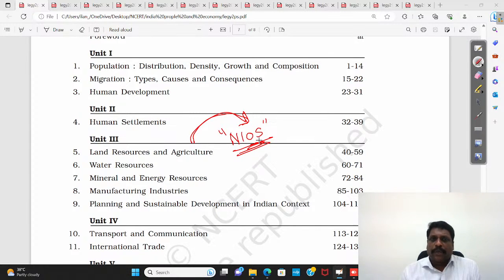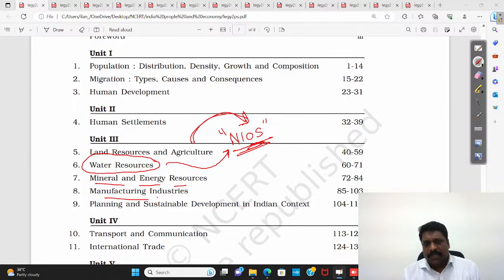Again, water resource we will of course have from NCERT, but I would say that for water resource also, you can slightly rely on NIOS. The rest, mineral and energy resources and manufacturing industries, we can take with NCERT itself. At least mineral and energy resources is more factual information, and I'll tell you where to concentrate.